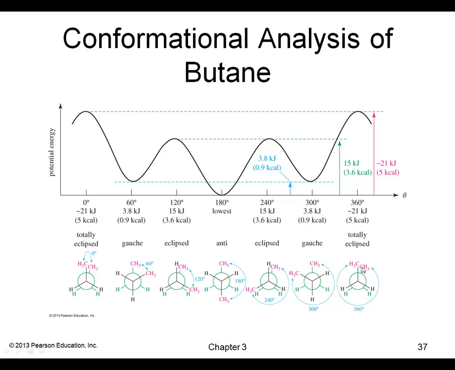And so we see that. So the lowest energy is the anti. The highest energy is this eclipsed, where the two CH3s are right on top of each other. And the other eclipsed, the CH3s are not right on top of each other. And the two gauches are a little higher in energy than the anti, because these CH3s are starting to get a little bit closer to each other to give us some steric strain.